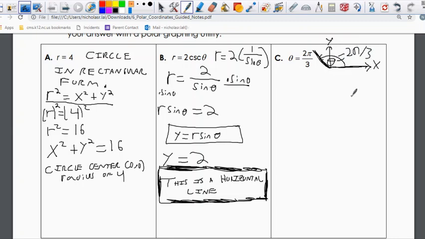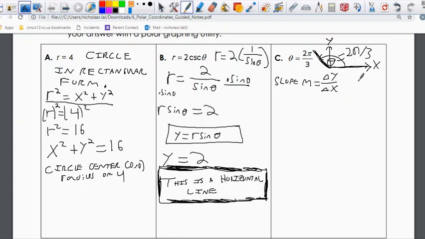So in general, we can say that slope m is equal to the change in y over the change in x.